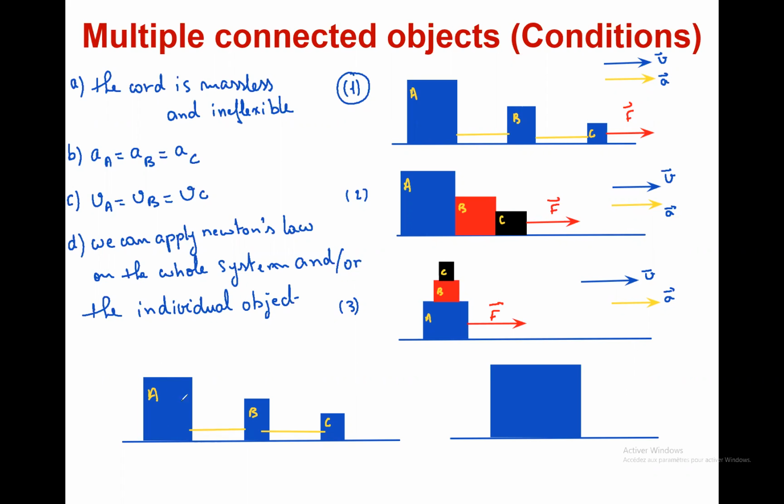For example, here we have A, with the tension TA, the weight MAG, and the normal NA.